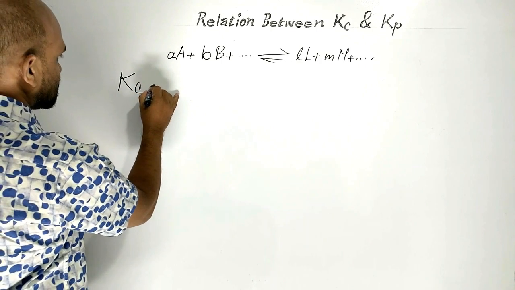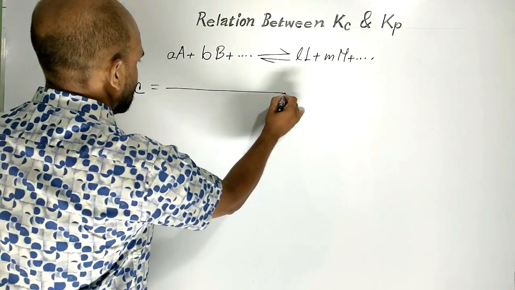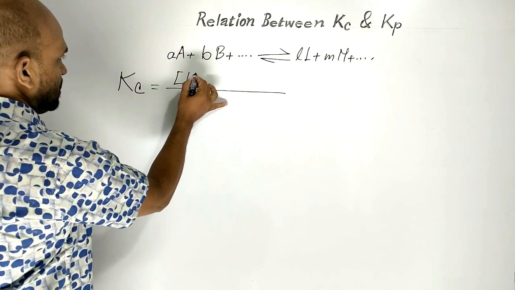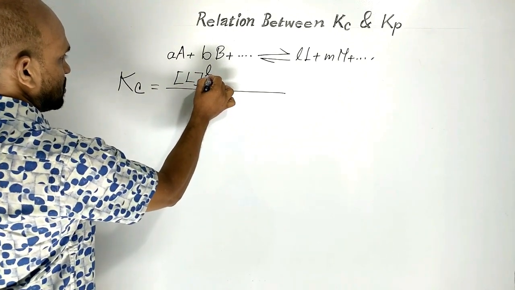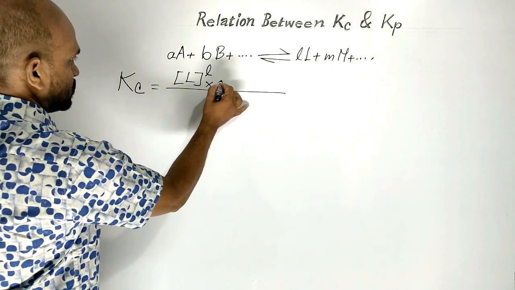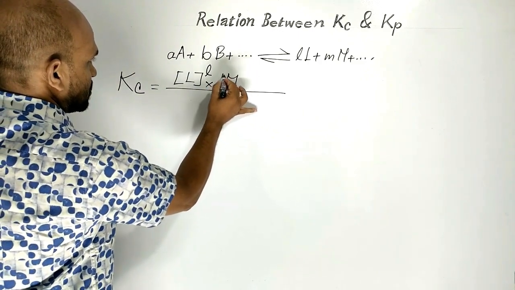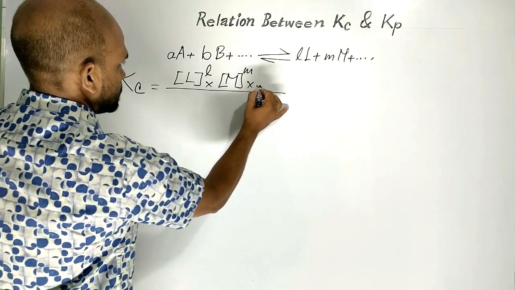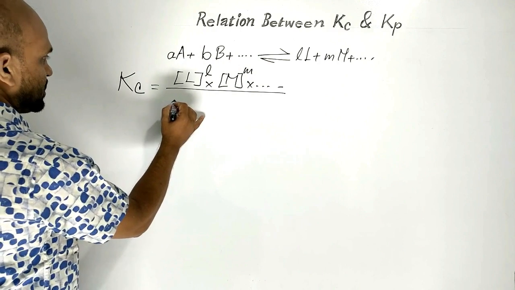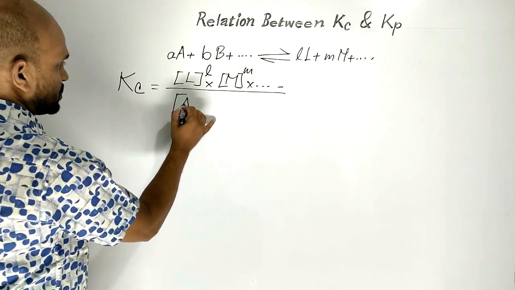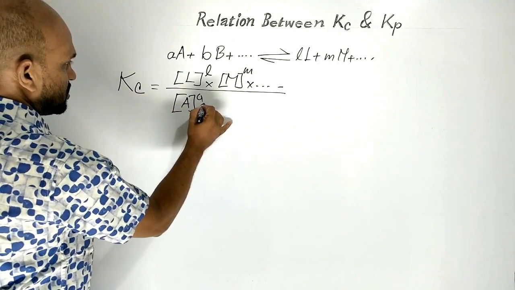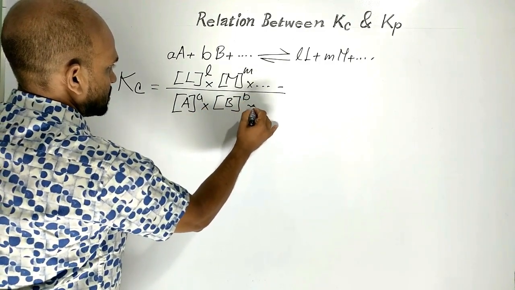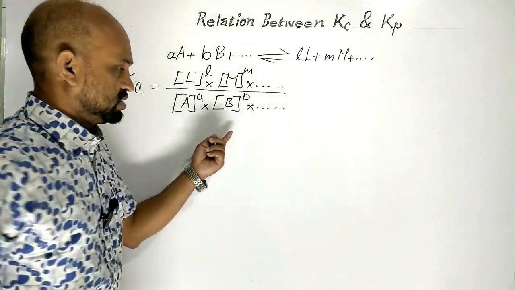Kc, we can write according to the law of mass action, is equal to concentration of L to the power lowercase l, into concentration of M to the power m, divided by concentration of A to the power a, into concentration of B to the power b.